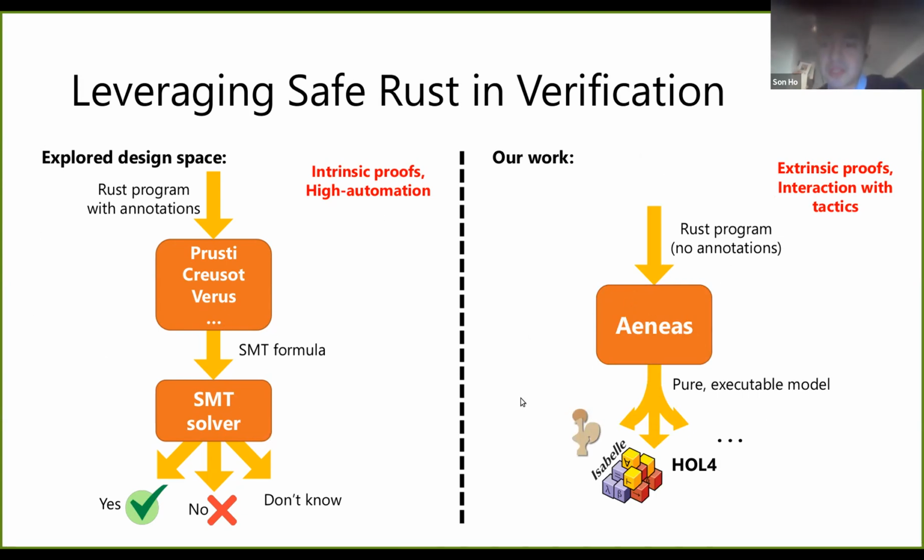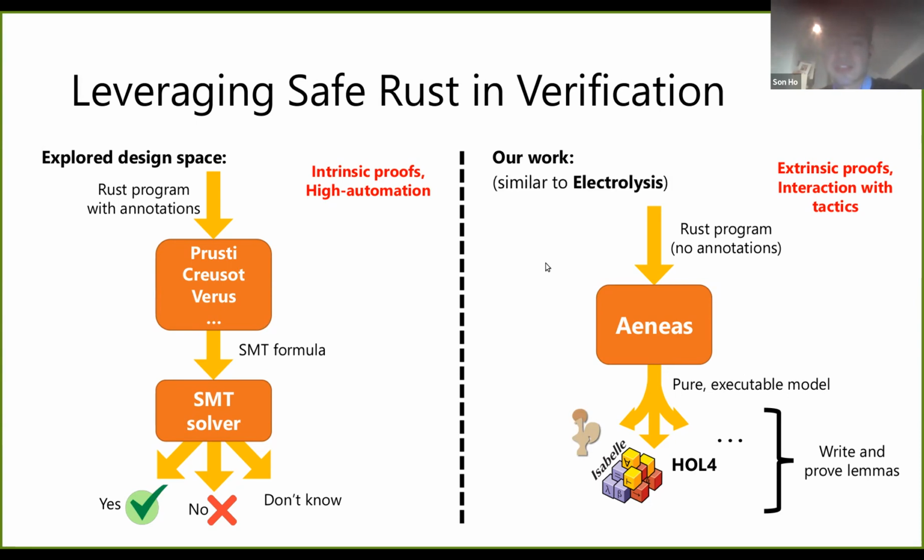So what we did is we implemented a new pipeline, which is called Aeneas, which takes as input a Rust program without annotations and leverages the Rust type system to compile this program to a pure executable model. And then once you've got this model, you can extract it to various backends. And once this is done, you can write and prove lemmas about this model to prove various properties in an extrinsic manner.